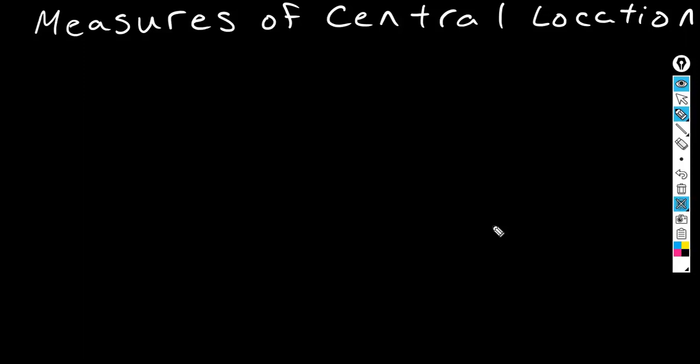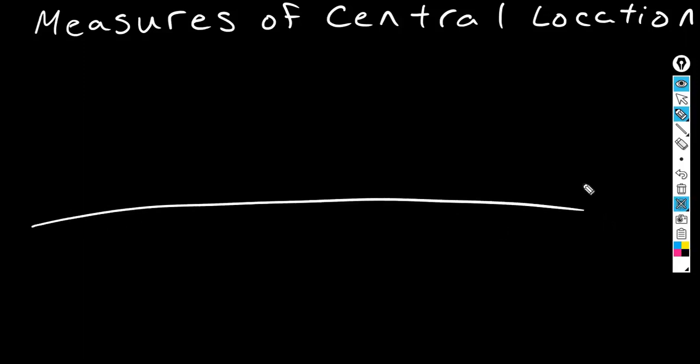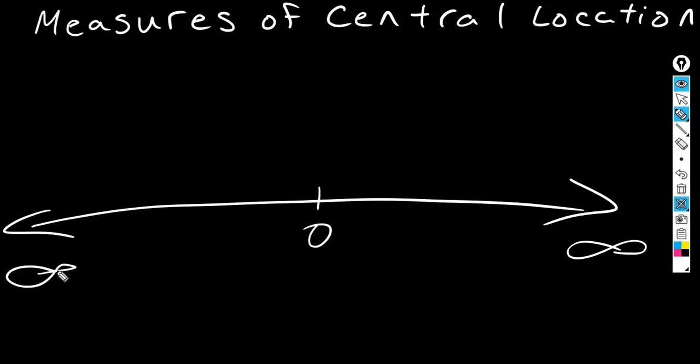Before I introduce any of these, let's just talk about what these measures are, what we're trying to get out of it. All right, so let's imagine that all of the possible outcomes for our variable lie on an infinite spectrum here. Anything that we're going to be using these measures for is going to be quantitative.